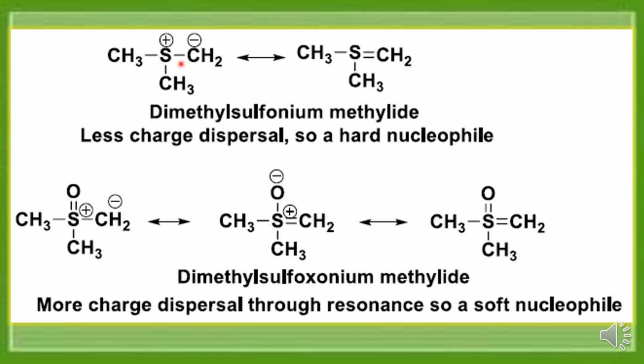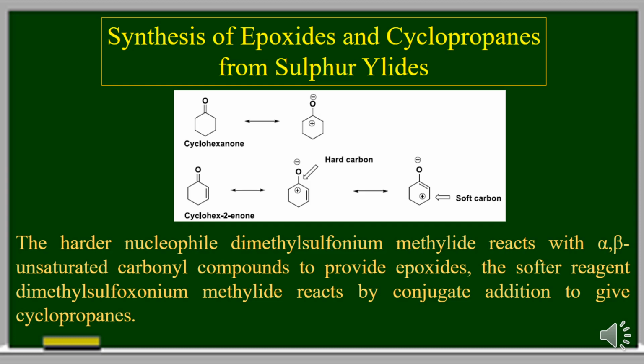Dimethyl sulfonium ylide and sulfoxonium ylide react in a similar way with aldehydes and ketones, but they react in a different way with alpha beta unsaturated carbonyl compounds. Here is an alpha beta unsaturated carbonyl compound, and I have given its resonance structures here.